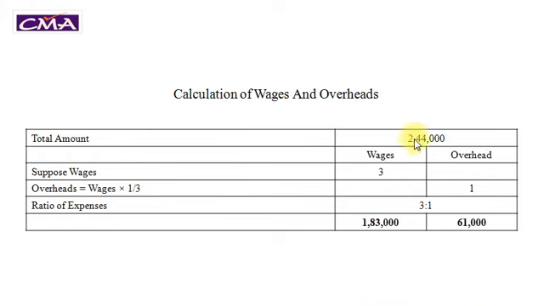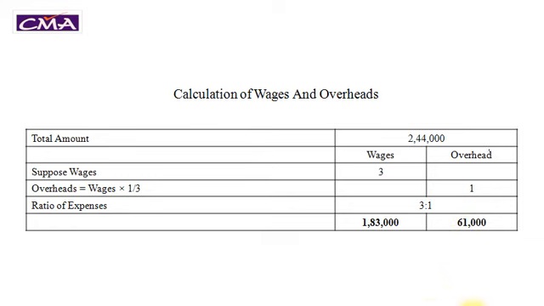Our balancing figure on debit side of process account is 2,44,000, which is nothing but wages and overheads. Suppose wages amounts to rupees 3, so overheads would be 1/3 of wages, that is 1. So ratio between these two is 3:1. So our wages would be 2,44,000 into 3 by 4, and overheads would be 2,44,000 into 1 by 4, that is 61,000.